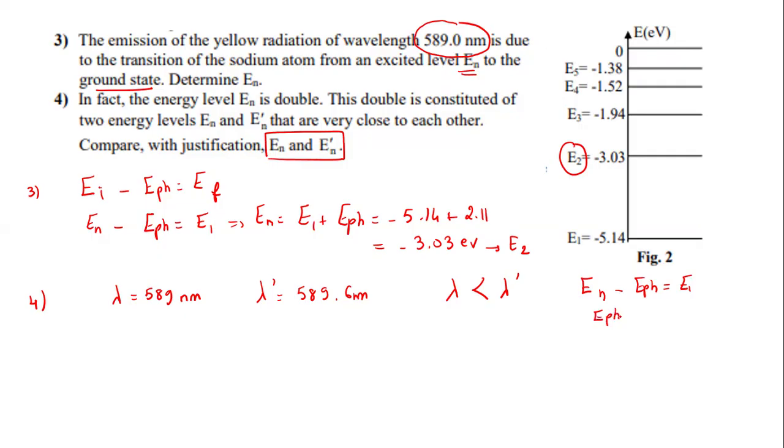This means that E of the photon equals En minus E1, but E of the photon is hc over lambda, so each time lambda is smaller, the energy is higher. So as soon as we know that lambda is smaller than lambda prime, I can directly know that E prime N is smaller than En. So this is how we compared, by comparing the lambdas.